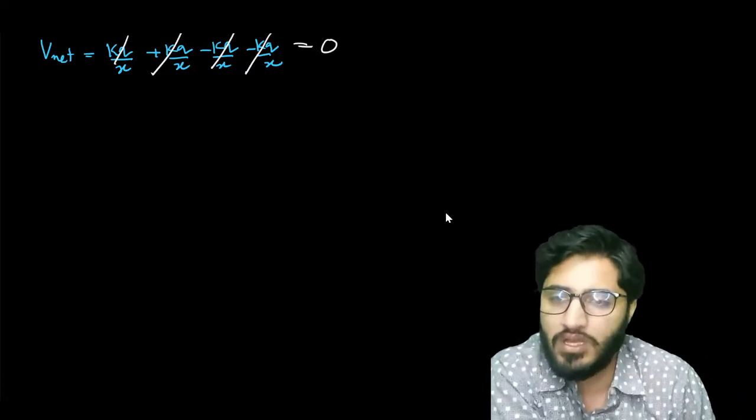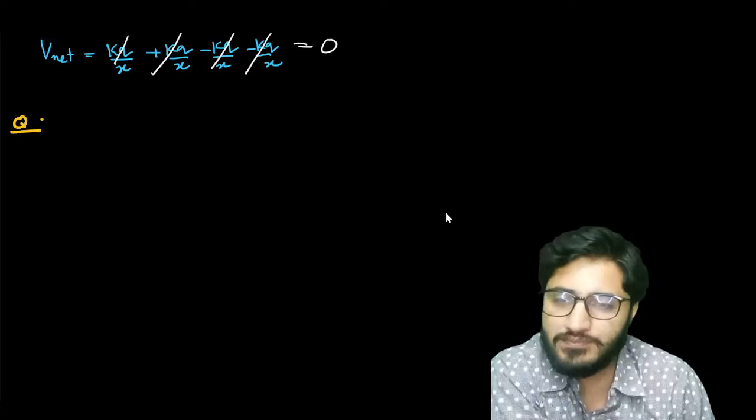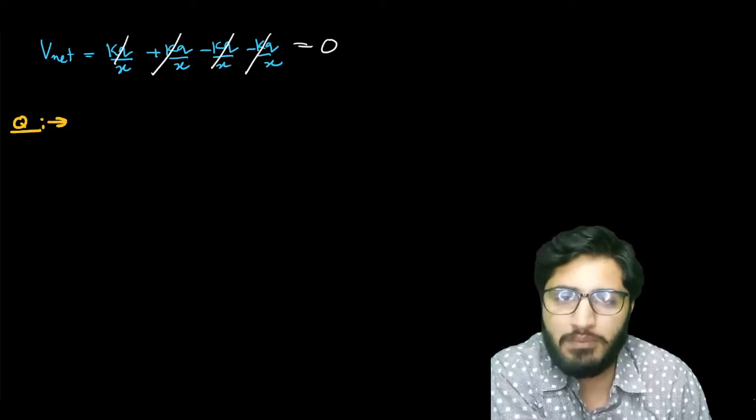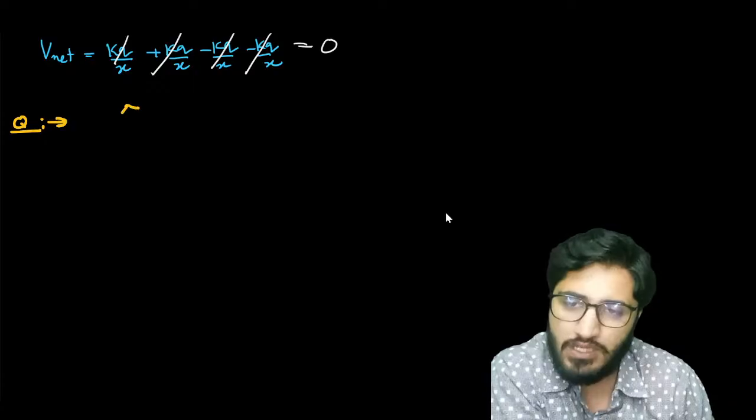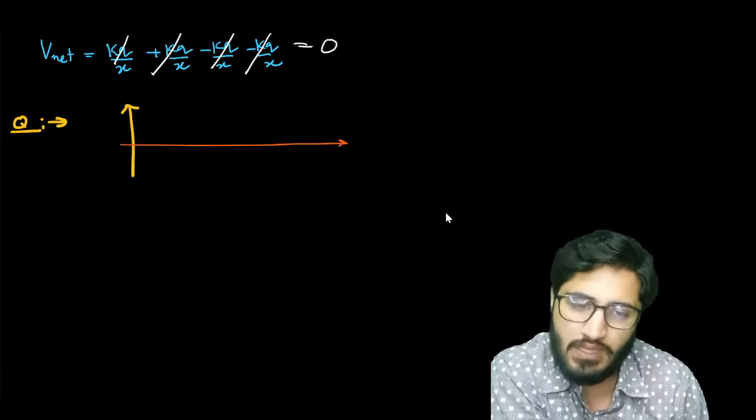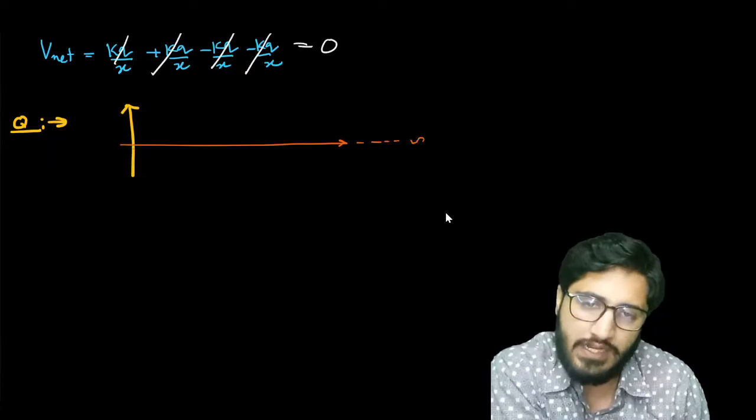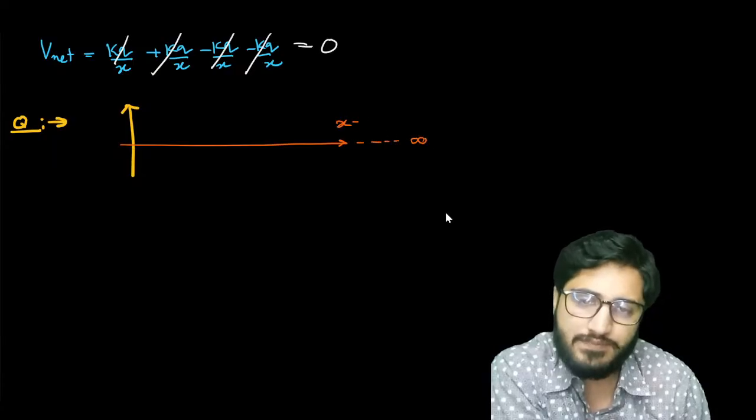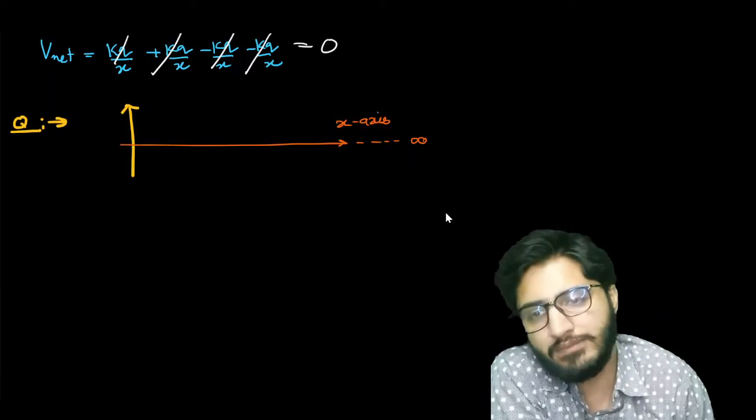Look, one more numerical. This is my numerical. This is my x-axis up to infinity, and this is my origin, 0, 0.